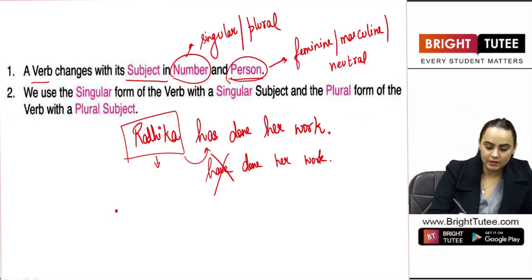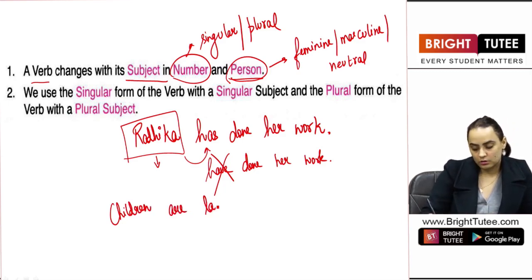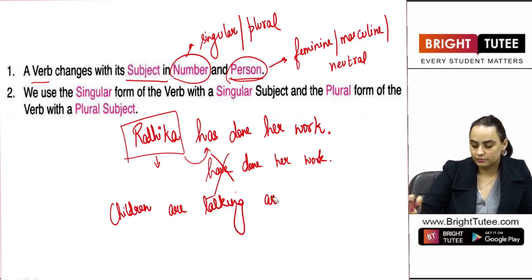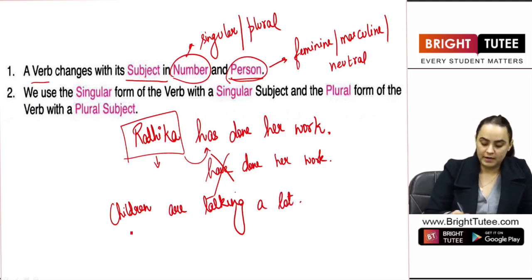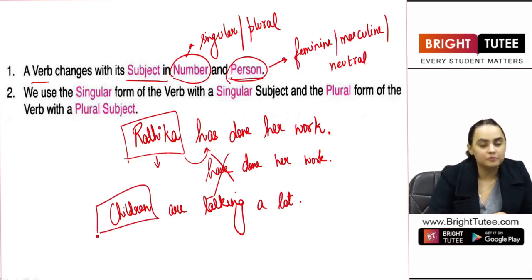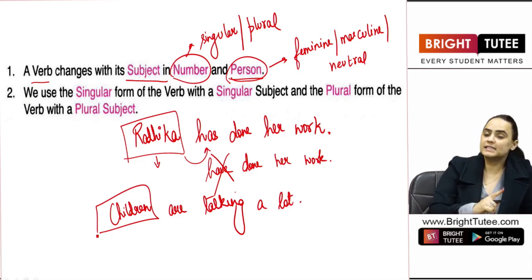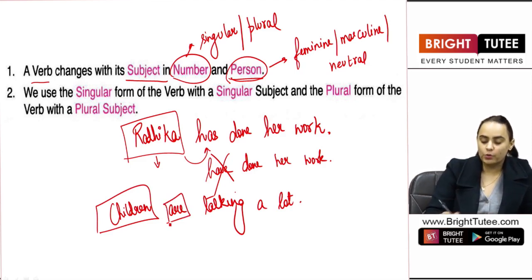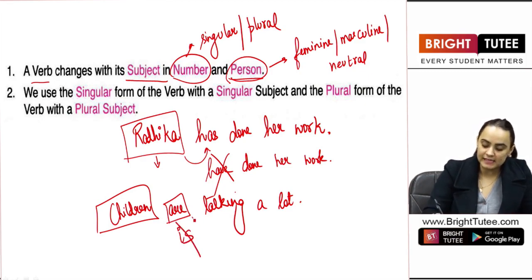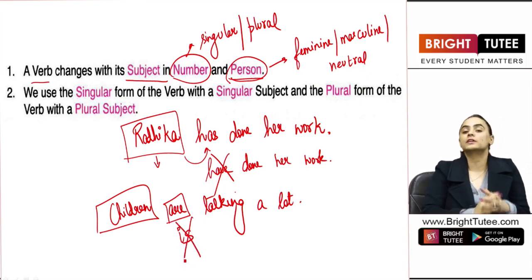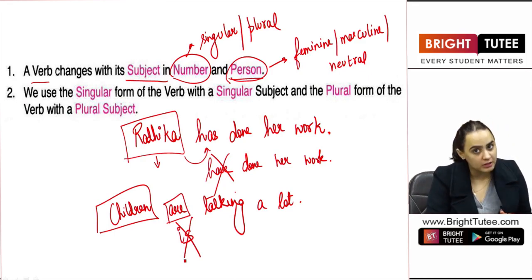If I say, children are talking a lot, my subject is children, which is plural. Since it is plural, therefore my verb is also plural. I cannot use is in this sentence because is is a singular verb.